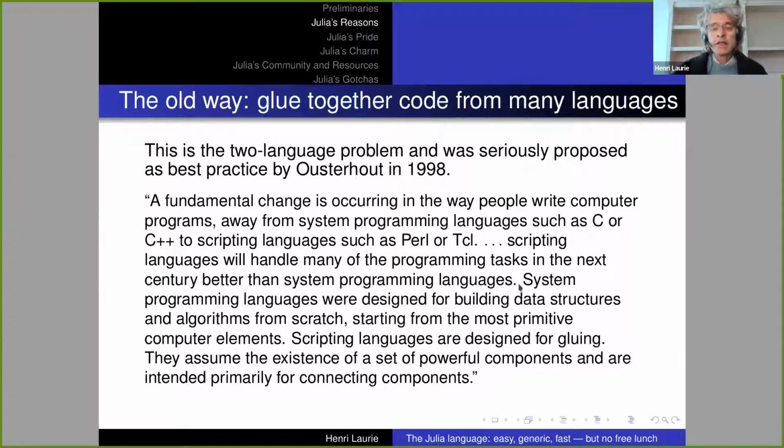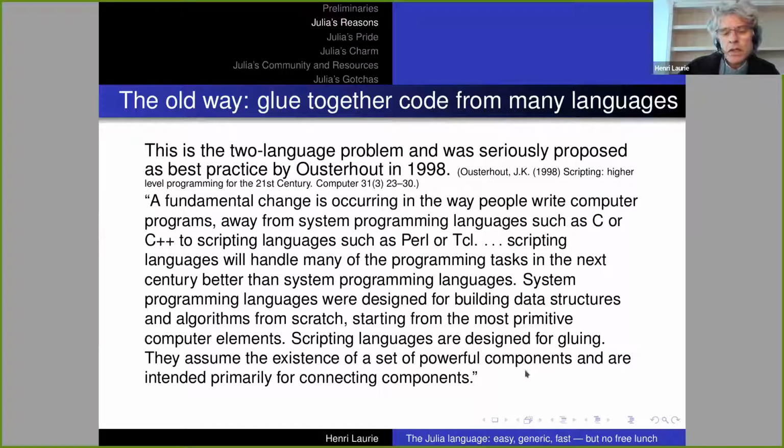The system programming languages, Ousterhout claims, were designed for building data structures and algorithms from scratch. So that's the crucial term. And they start from the most primitive computer elements. And then scripting languages, according to Ousterhout, are designed for gluing, and they assume the existence of a set of powerful components and are intended primarily for connecting the components. And that was from Computer.